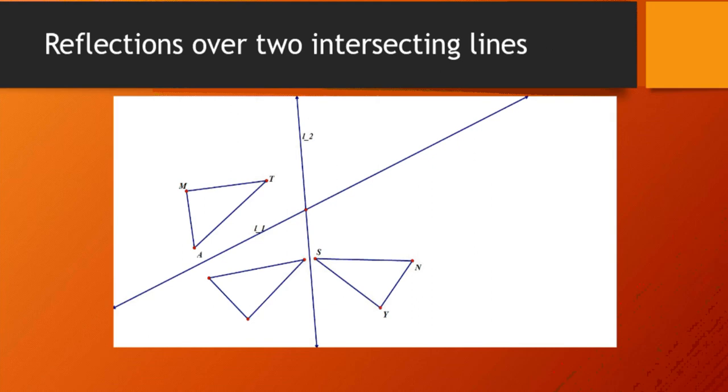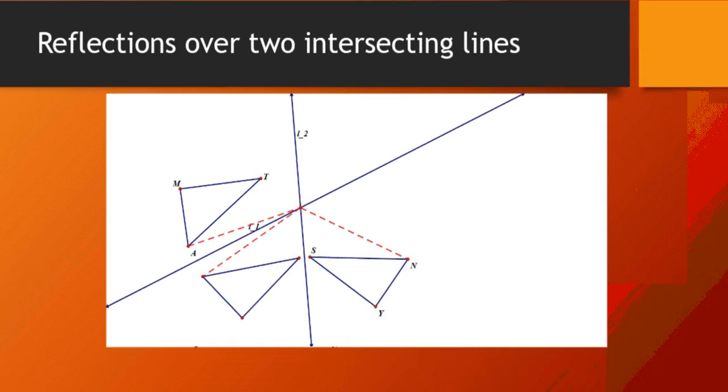Pause for a moment. How does triangle AMT become triangle NYS? Well, it becomes triangle NYS in much the same way. We have the red angles preserved. We have the blue angles preserved. In this case, red plus blue is not necessarily 90 degrees. Red plus blue is whatever this angle is between the intersecting lines.